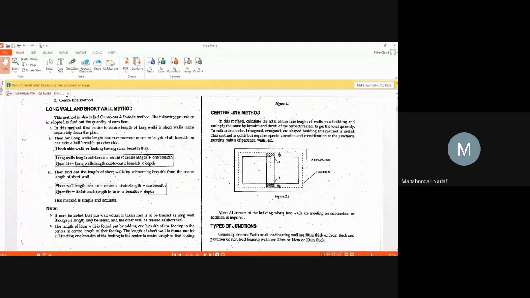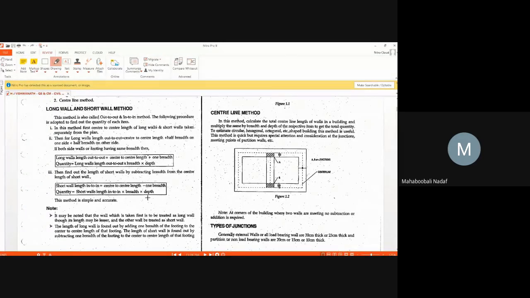For any calculation of wall length, first and foremost is the calculation of center to center length. That is very, very important. From the center to center length of any wall, you need to add or deduct breadth depending upon the condition.